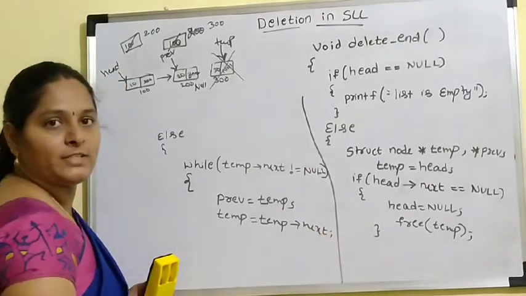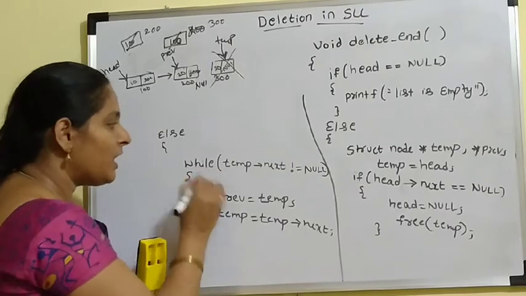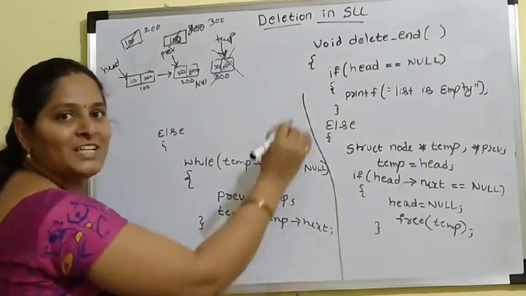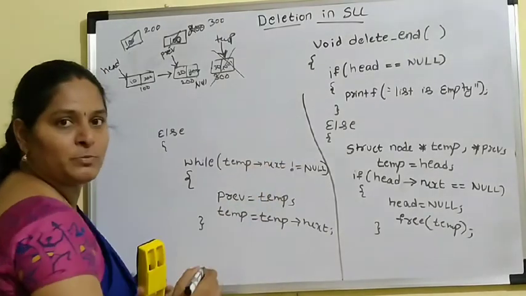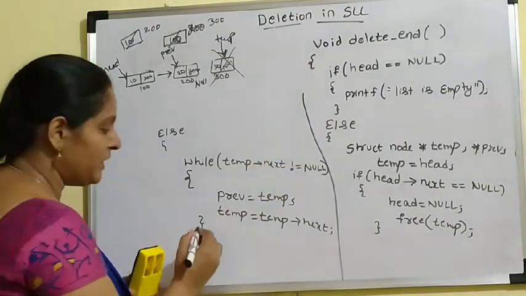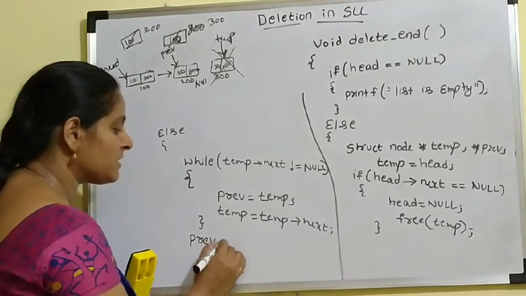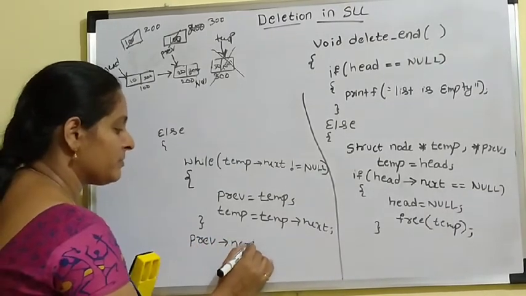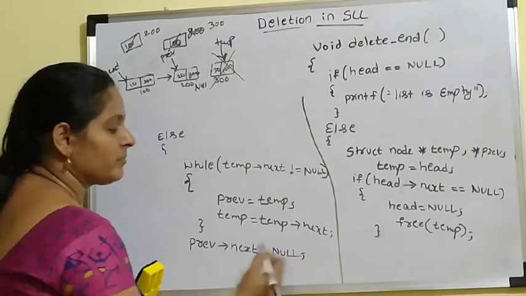So this process will be continued until your temp reaches the last position. Once the temp reaches the last position, then what we need to do? We need to place a null value in the previous next field. Previous next equal to null.